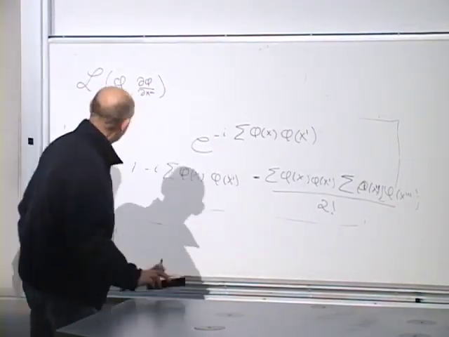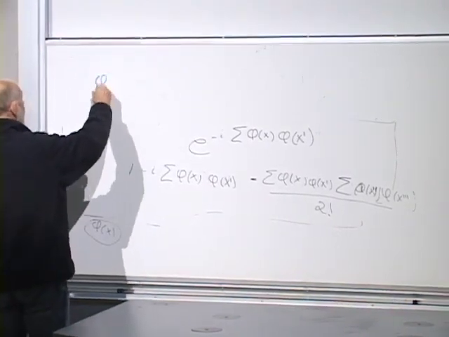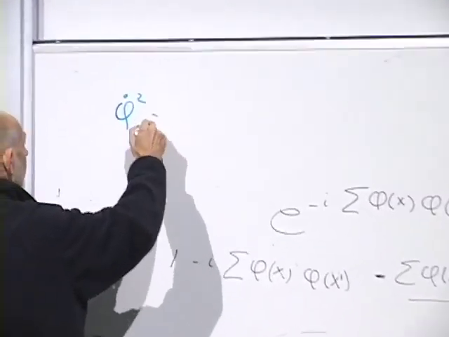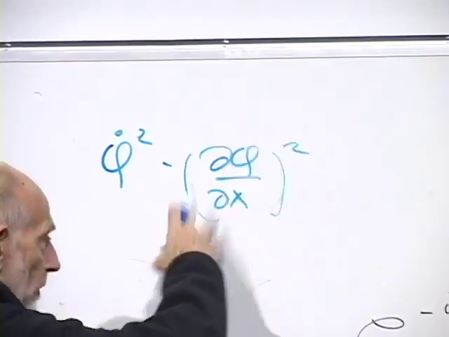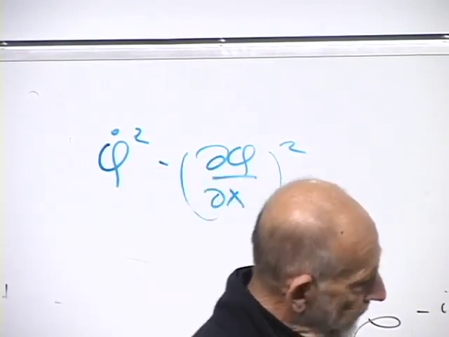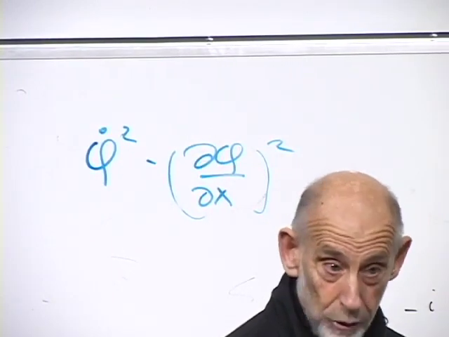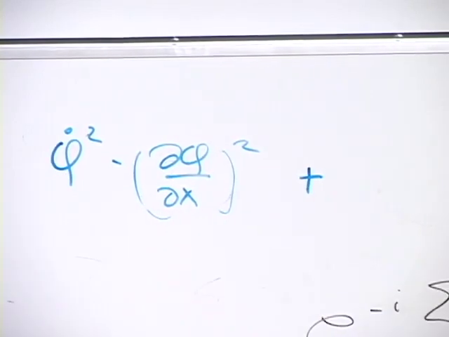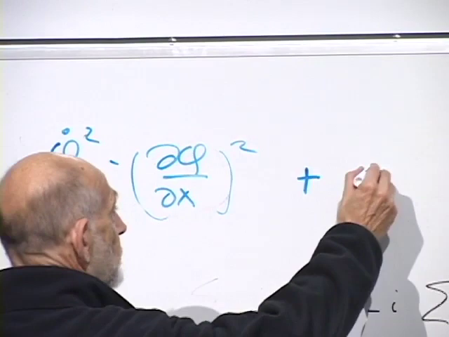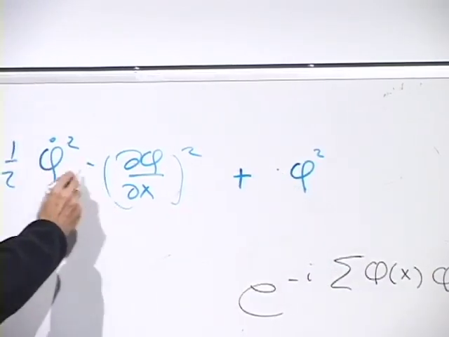We had the derivative terms, let's say phi dot squared minus the derivative of phi with respect to x squared and y squared and z squared, all that kind of stuff. That was the stuff that I wrote down as phi at one point times phi at a neighboring point. Then there are possibly other things that just involve phi and not its derivative. So, for example, you could have things like phi squared. Do you remember what the coefficient is? There's usually a 1/2 here. That's a convention.